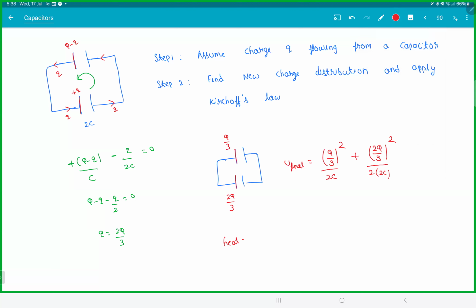What is heat produced? Heat produced is initial energy plus work done by battery minus U final. Here there are no batteries. So initial energy is only one capacitor, Q square by 2C. Work done by battery is 0, and minus whatever this value is. How much is this? Q square by 2C common, 1 by 9 plus 4 by 9.